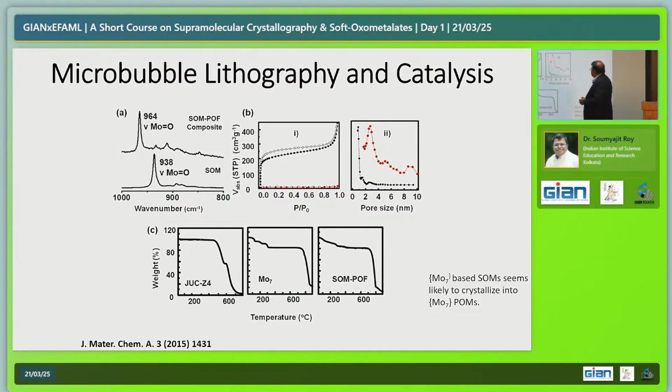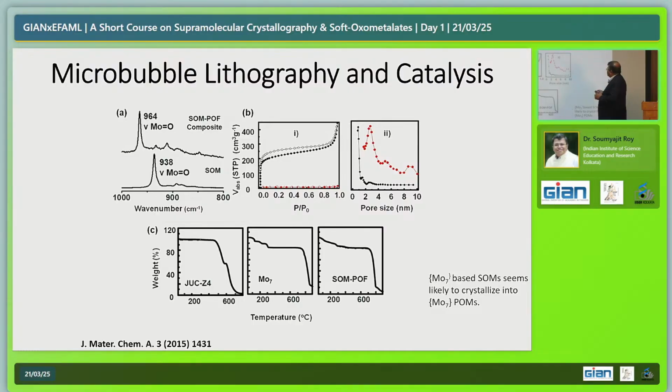Now what we did then, we looked at the Raman modes, and this is what we found, that there was a difference in the Raman stretches, and that's because you have weakening of the bonds. And we also did porosity measurement, and what we found interestingly is that the pore sizes were changing.